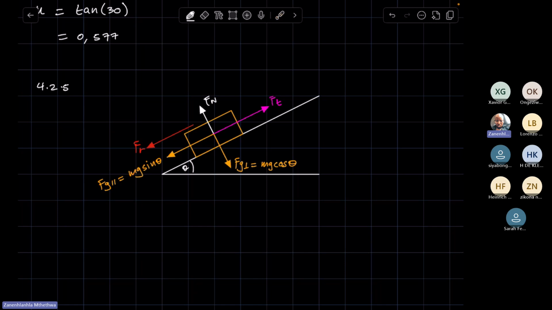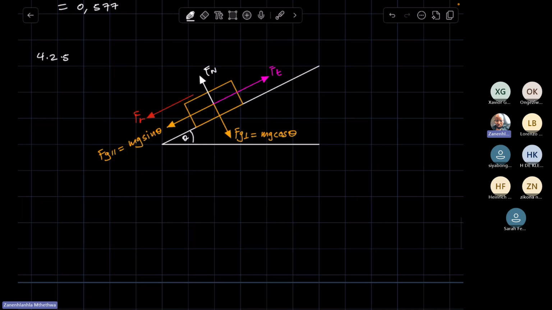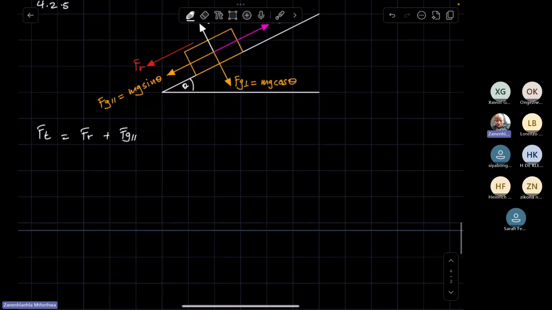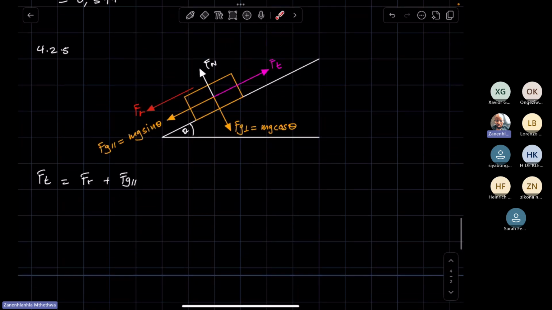So here it simply means FT is equal to Fr plus Fg parallel. Forces in the positive x direction are equal to forces going in the negative x direction.